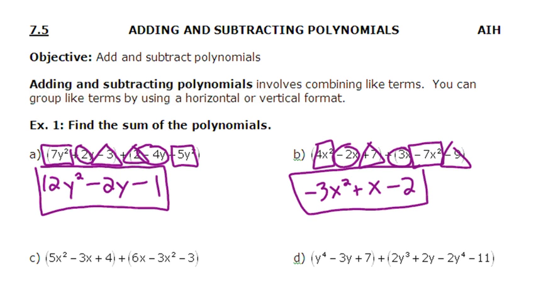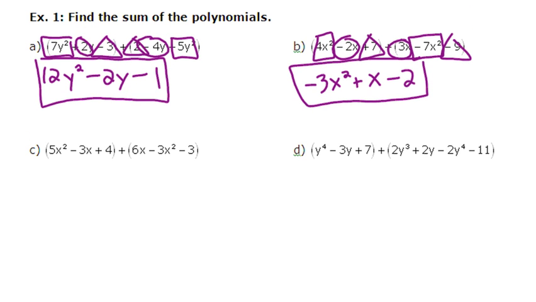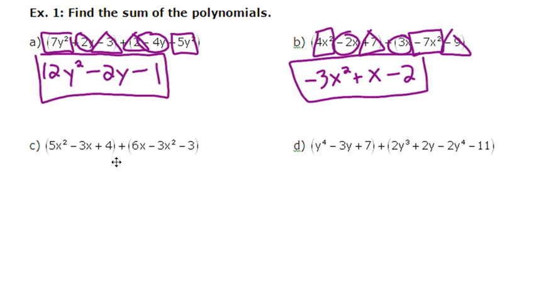So C and D are the exact same. If I go over here, I notice my highest exponent is a 2. So 5x squared, negative 3x squared. 5 minus 3 is 2, so I have 2x squared. Then I go to the x's. Negative 3x, positive 6x.